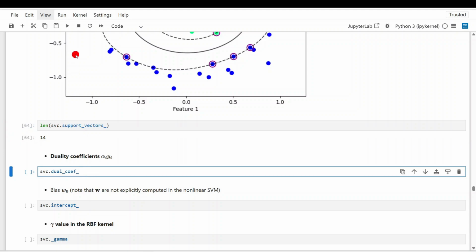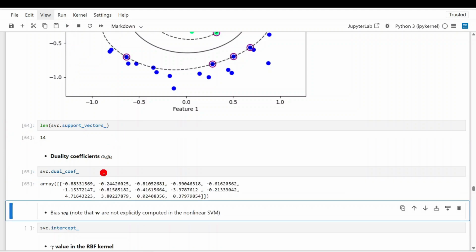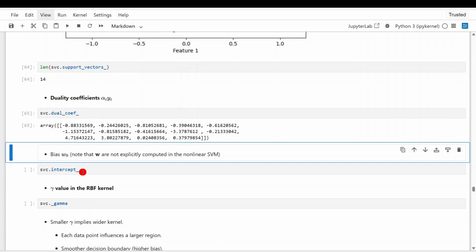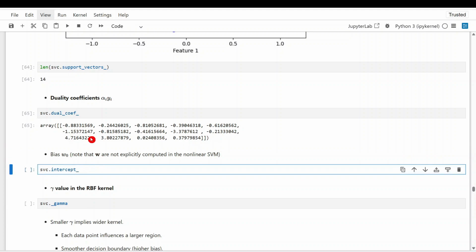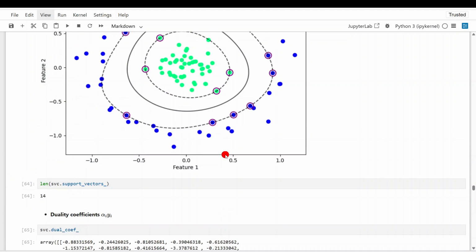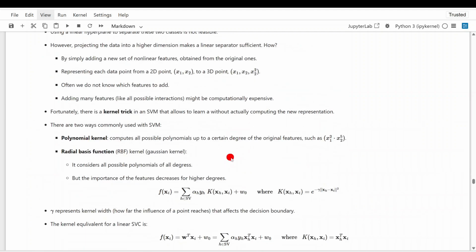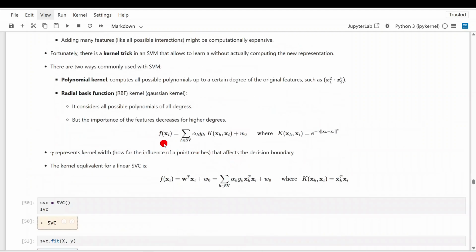If we are interested, we can also obtain the dual coefficients, but it's not that meaningful, and we can obtain the bias using the intercept. But note that this function is a nonlinear function. Therefore, we do not have any weight parameters associated with the covariates.